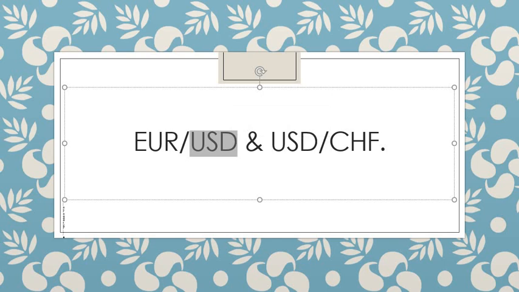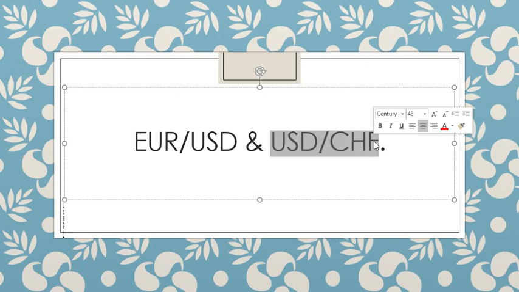So in Euro USD, Euro is the base currency, and in the pair USD CHF, CHF is the quote currency. So if we buy Euro USD, we are buying Euro and selling USD at the same time. And in the USD CHF example, if you are selling USD CHF, it means we are selling the United States dollar and buying CHF.